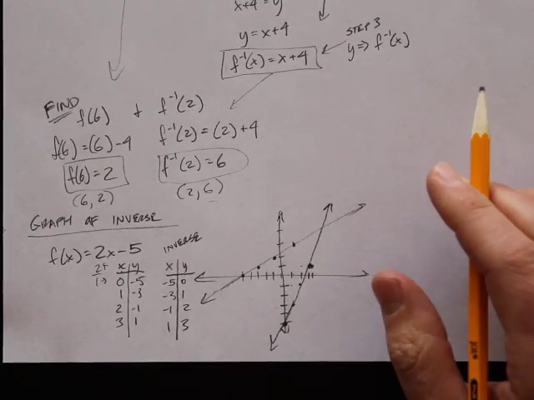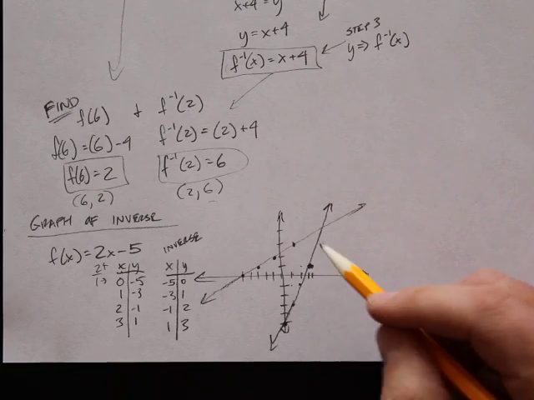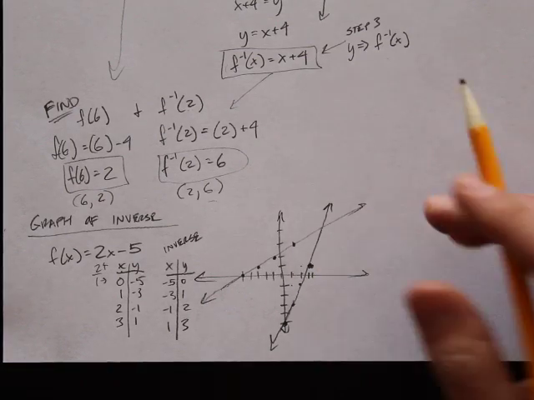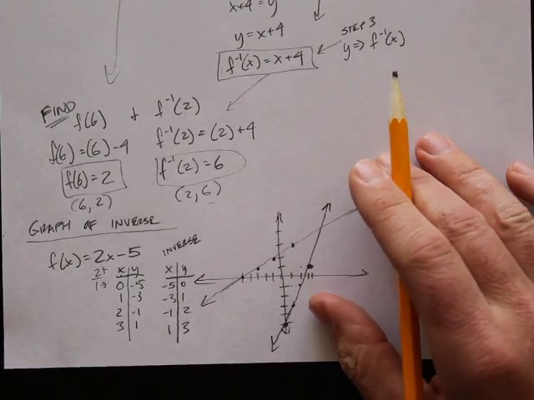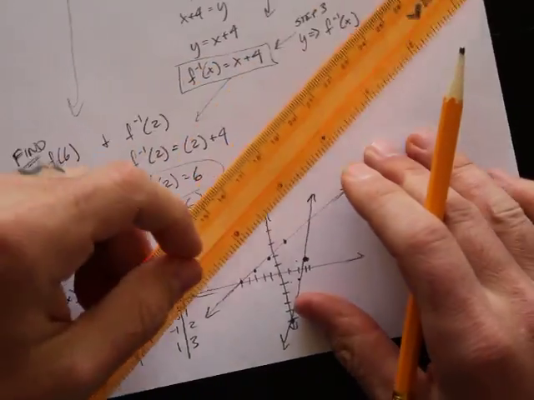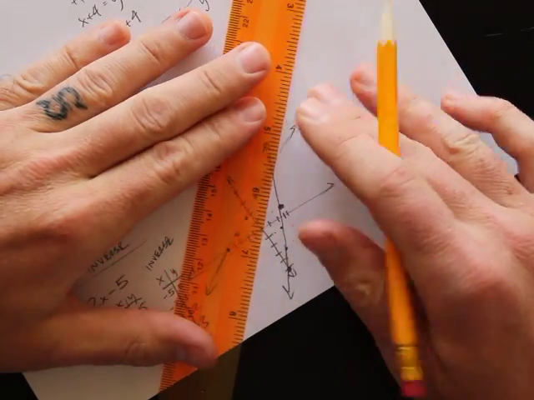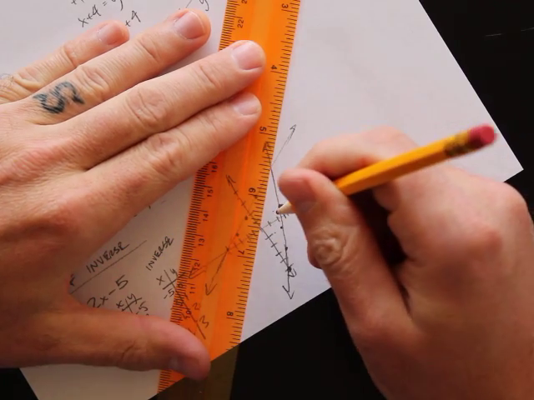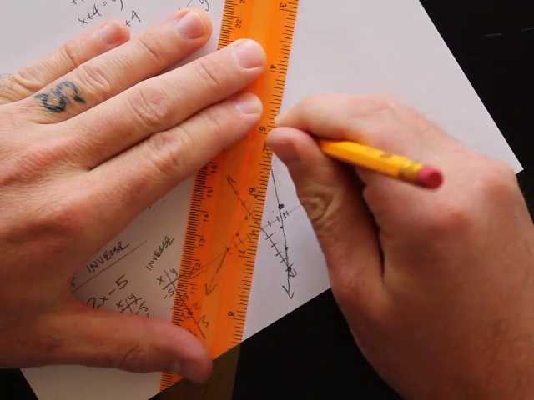And if I were to draw this perfectly, and it's okay, it's drawn all right, it's not perfect, I should be able to draw a line that is a 45-degree angle at the origin.